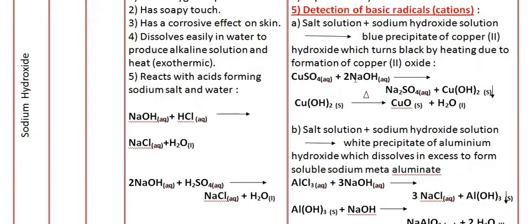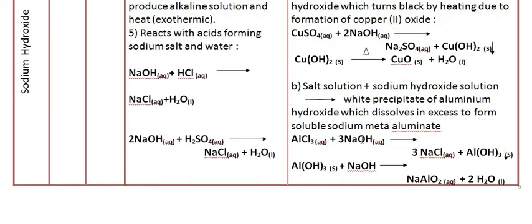If sodium hydroxide solution is added to any copper salt, a blue precipitate of copper hydroxide is formed. The formation of this blue precipitate is an indication that this salt contains copper.